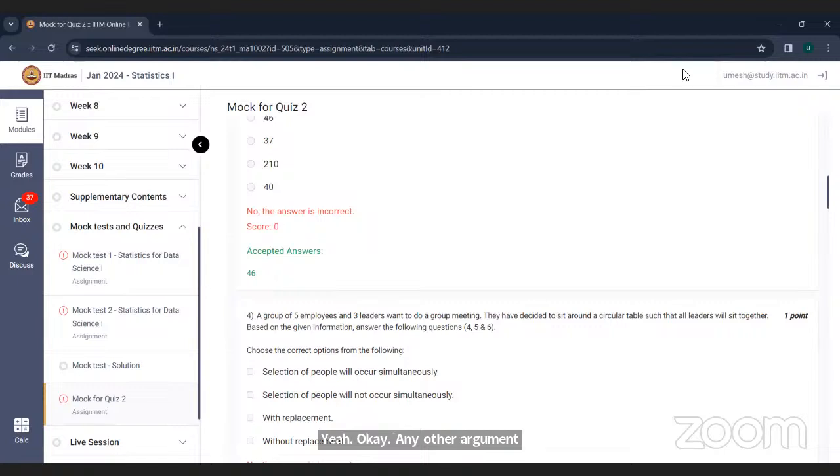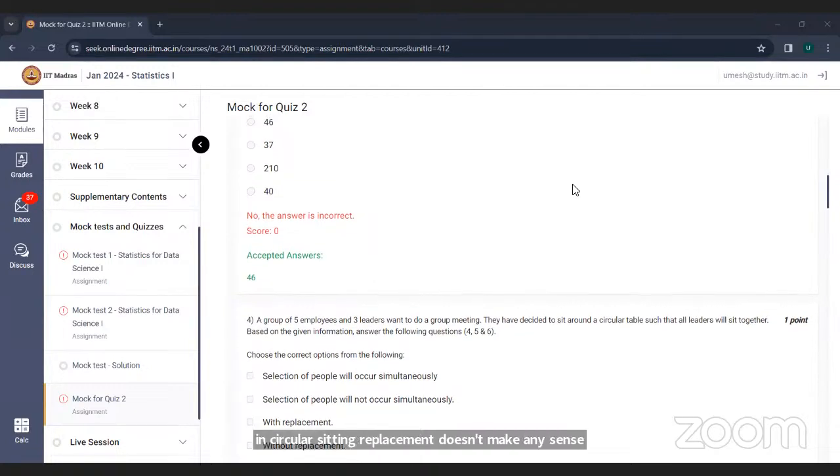Sir, in circular sitting, replacement doesn't make any sense. Even if people sit in another place, the group of three leaders sitting in any sequence doesn't make any difference. So replacement doesn't matter for them. And what about simultaneous?